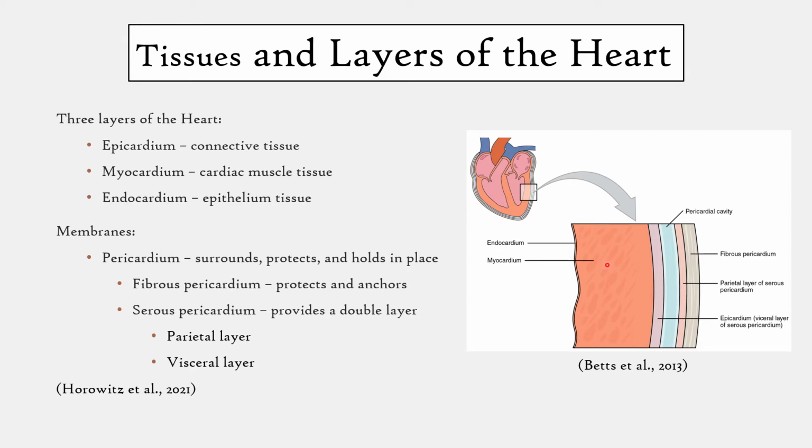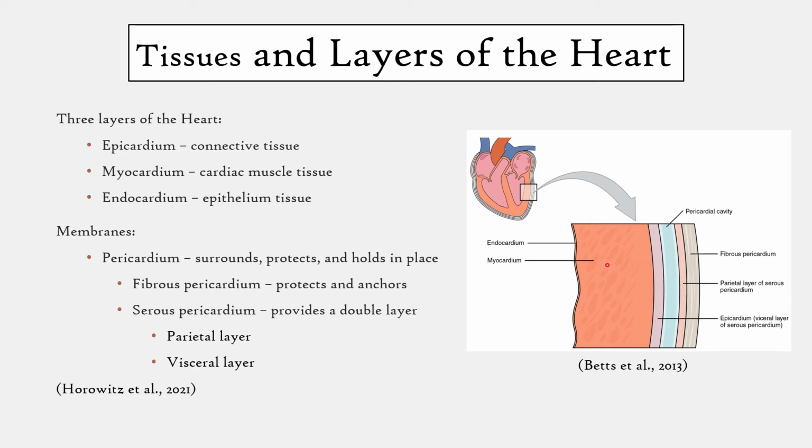The myocardium is responsible for the pumping action of the heart with help from the cardiac muscle cells. These cells are involuntary and have gap junctions which allow action potentials to conduct from one muscle cell to the next, making the pumping movements of the heart.